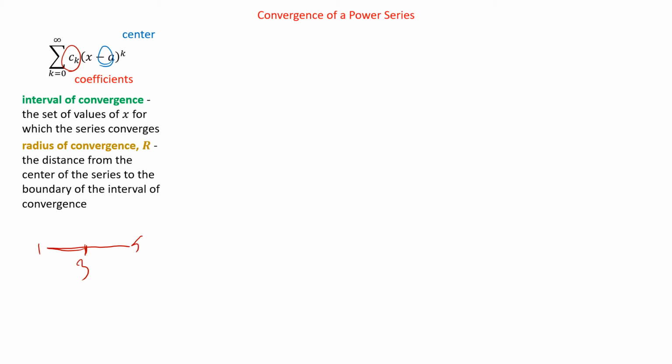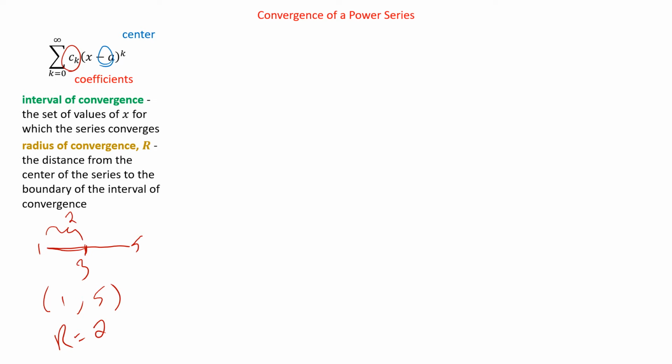So the interval of convergence would be from 1 to 5, possibly including 1 and/or 5, possibly not. We'll see that in a second. And then the radius would equal 2 because that distance is 2. And that does not matter if it's including 1 or 5 or not.